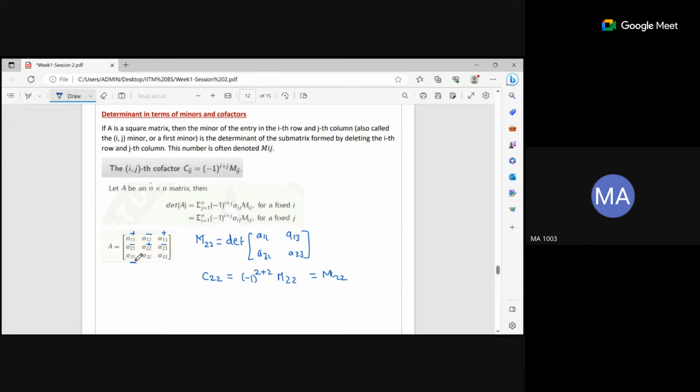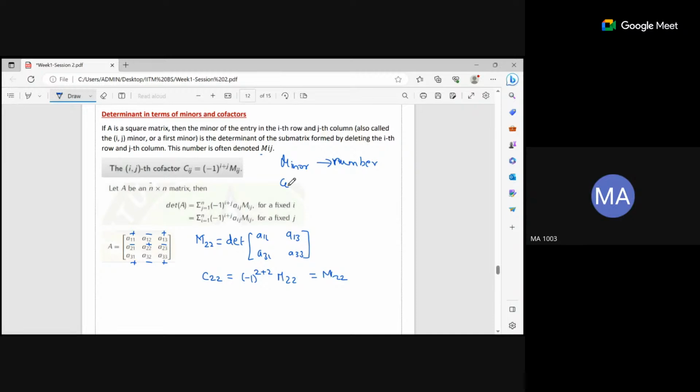Note that your minor is a number. Please remember that your minor is a number. But what is the cofactor? Cofactor is also a number, but usually we write all the cofactors together as a cofactor matrix.